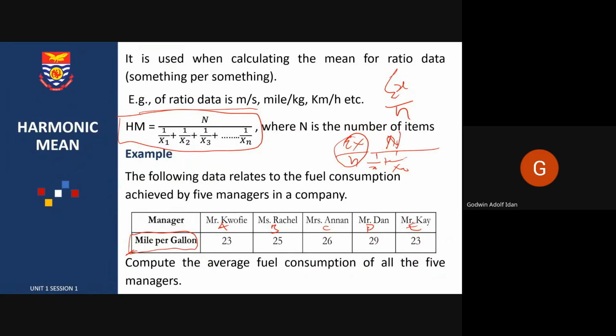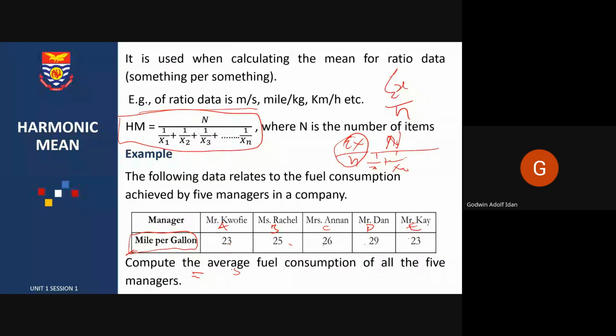And once you see such values, it means that we cannot use the arithmetic mean, but rather we use the harmonic mean, which says that we should find the reciprocal of all the values as well as the formula. And so in this case, when you are solving this one, our harmonic mean is going to be computed as, we're going to have n, which is 1, 2, 3, 4, 5.